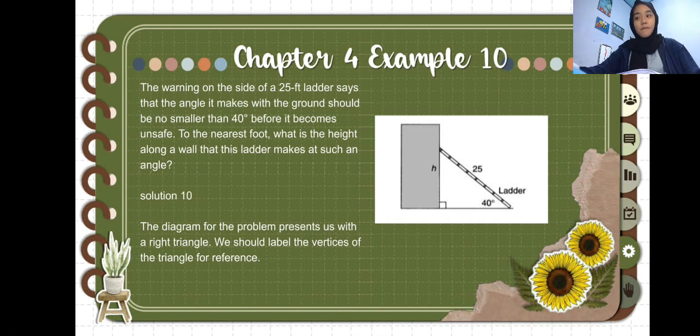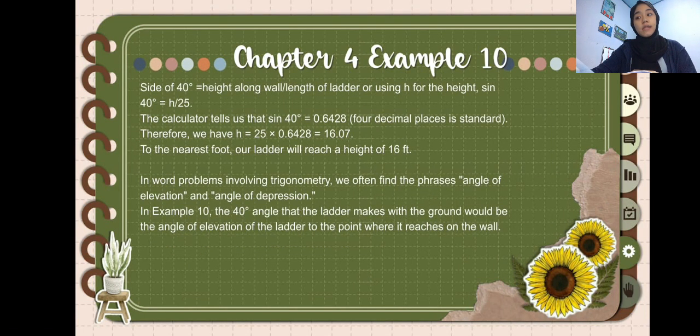The diagram for the problem presents us with a right triangle. We should label the vertices of the triangle for reference. Sine of 40 degrees is height along wall per length of ladder. Asking for the height x, sin 40 degrees is x per 25.